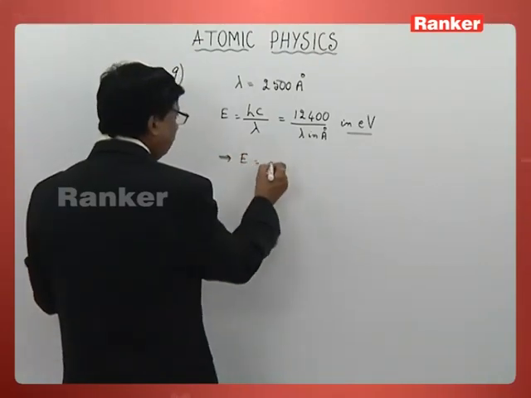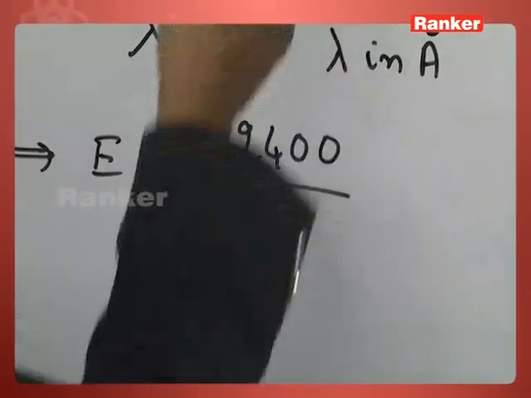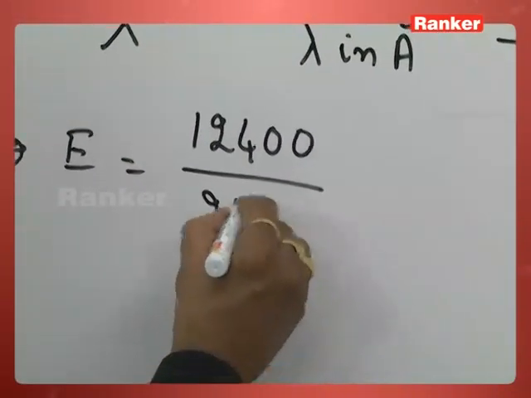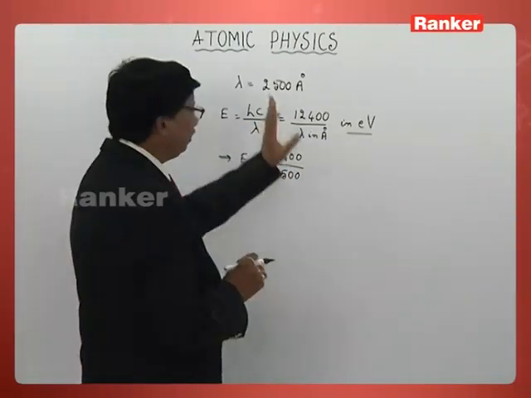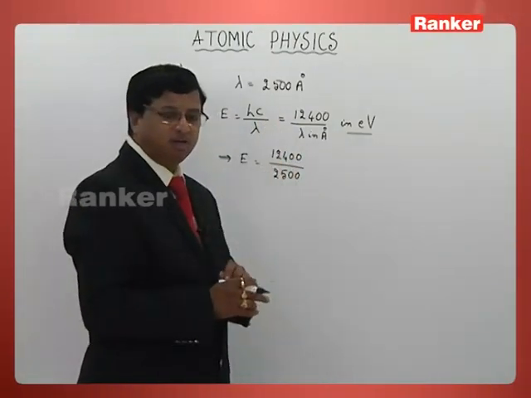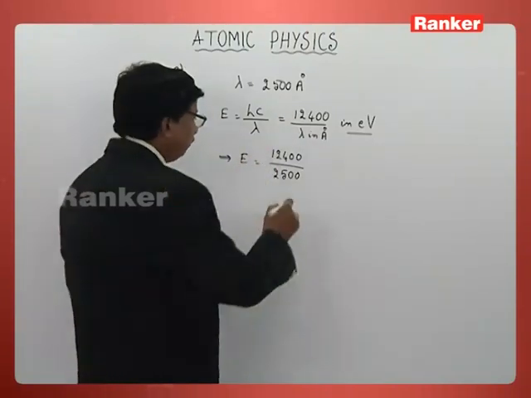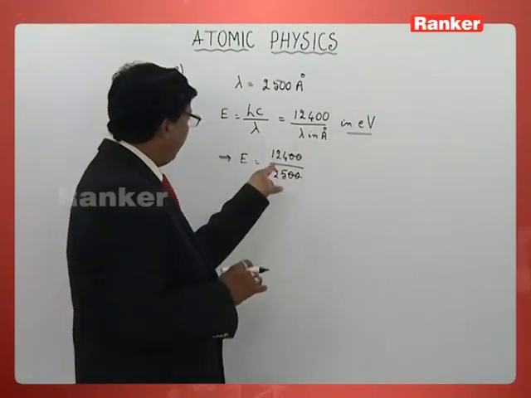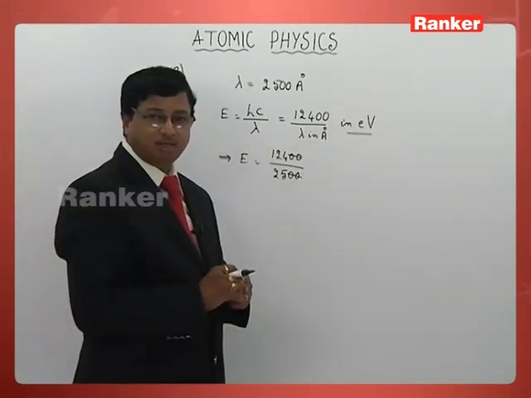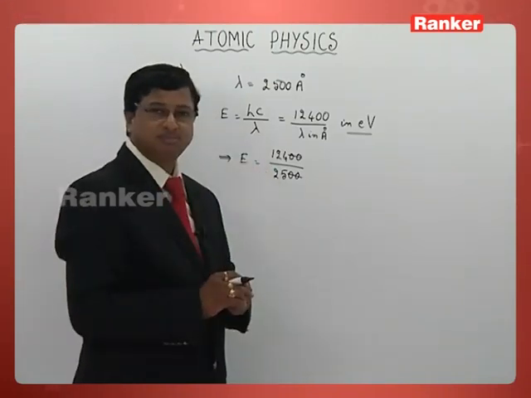So here, I can directly take up this calculation. E is equal to 12,400 divided by 2,500 you take. Don't convert this into meter or centimeter. Take it as it is in terms of angstrom units. So you can cancel these things off. Had it been 125, I would have got exactly 5 times.